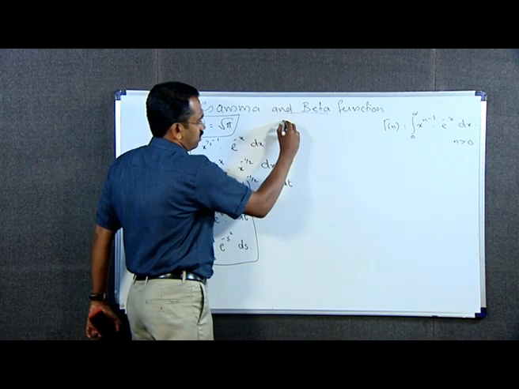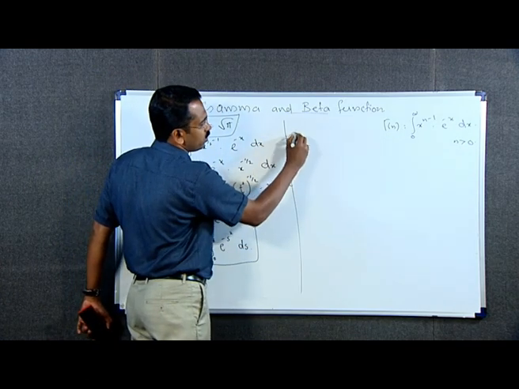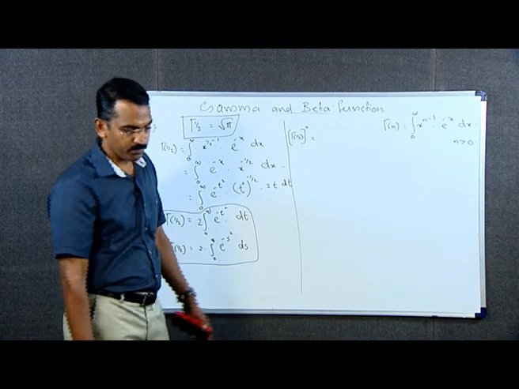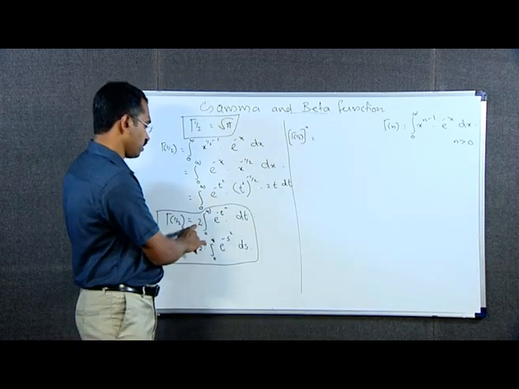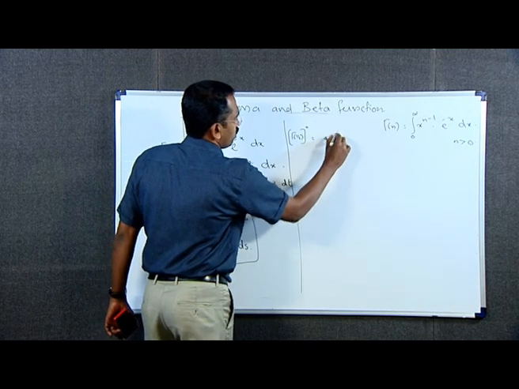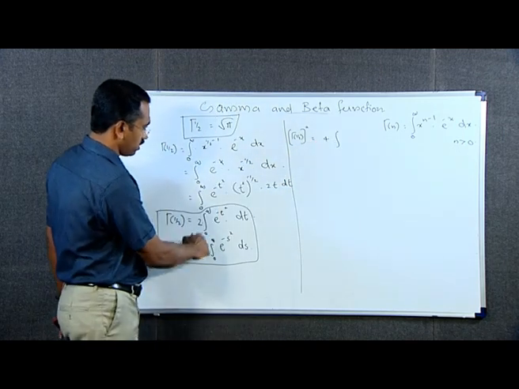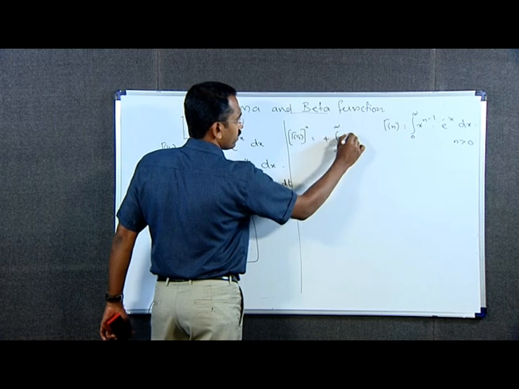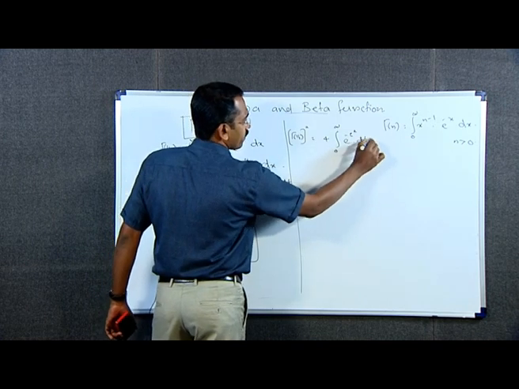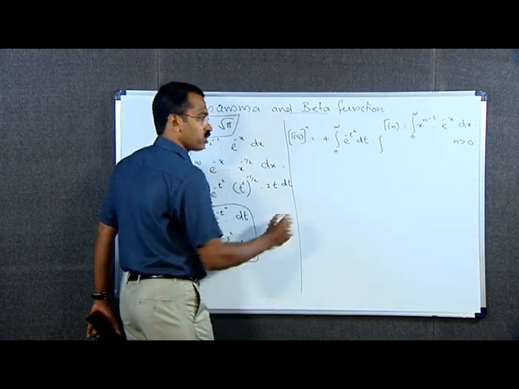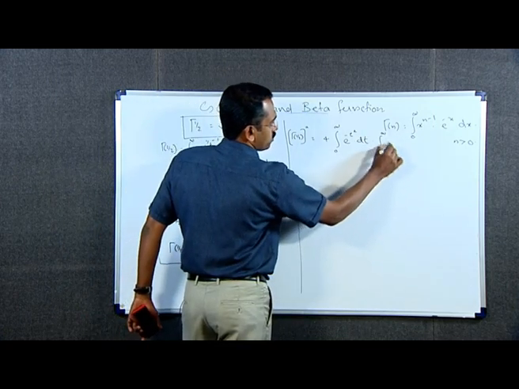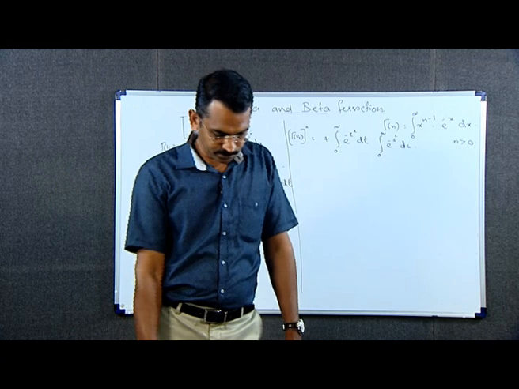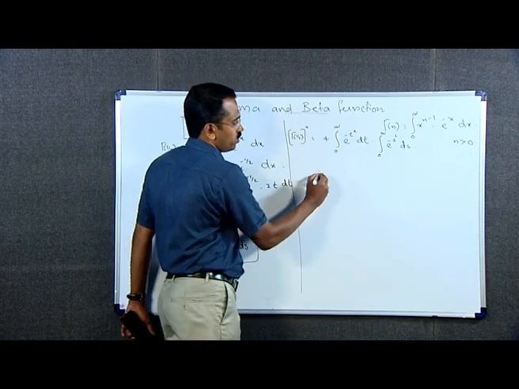That means gamma 1 by 2 the whole square is equal to, in the right hand side 2 into 2 is 4, integral from 0 to infinity e raised to minus t square dt into integral from 0 to infinity e raised to minus s square ds, which is equal to 4 times.